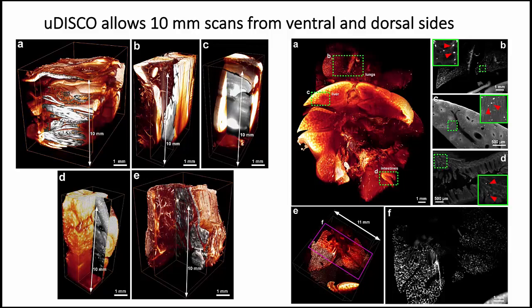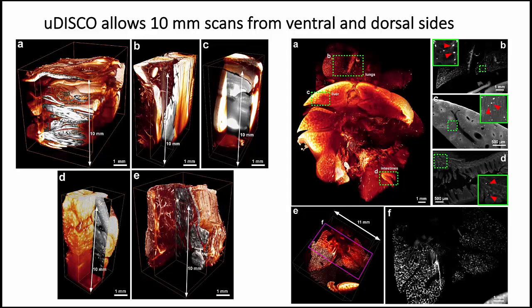Here I also want to mention the importance of tissue shrinkage, because an adult mouse has about 2.35 centimeters of chest width. If you have that much thick tissue, you can never image it with the commercially available objectives, which have a maximum of 10 millimeters scan.